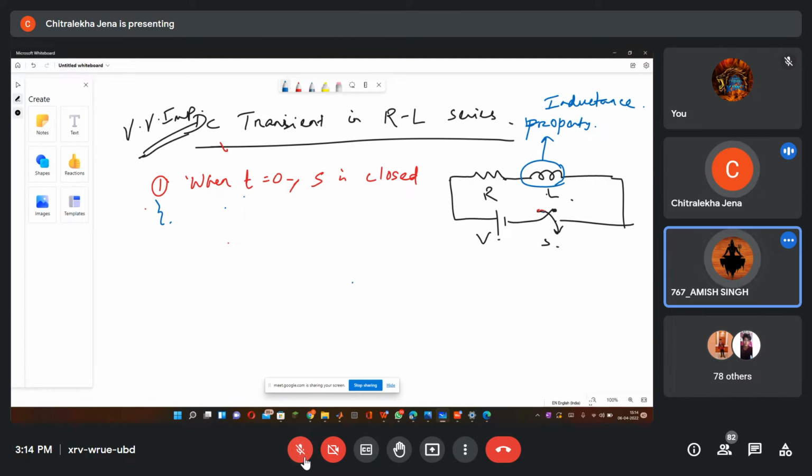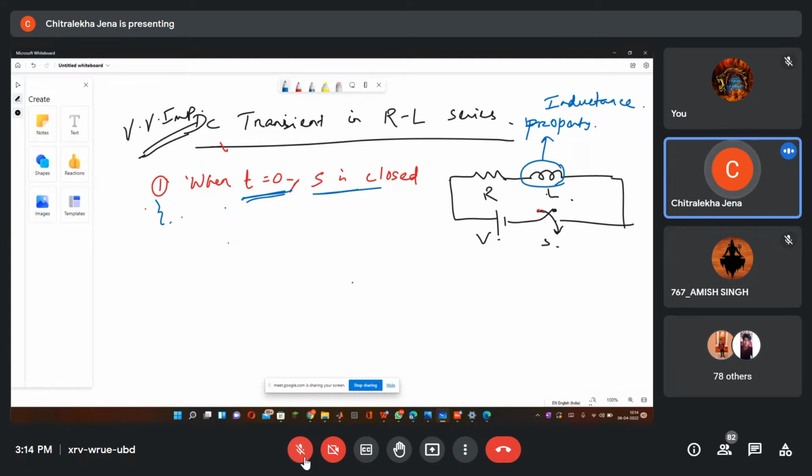Now at t equal to zero, when I close the switch, due to the property of the inductor, what will be the current in the circuit? Due to inductance, I will be equal to 0 at t equal to 0. Am I clear, all of you?